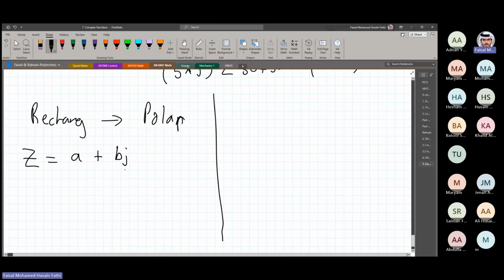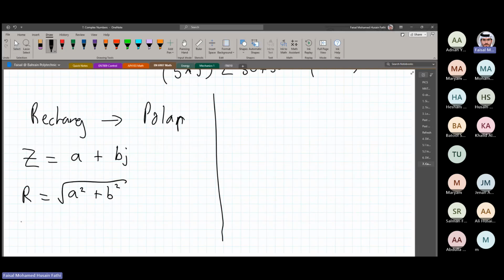Now, how do we convert? R is going to be equal to A squared plus B squared under the square root. Theta is going to be equal to tan inverse of B over A. This is how you convert from rectangular to polar.